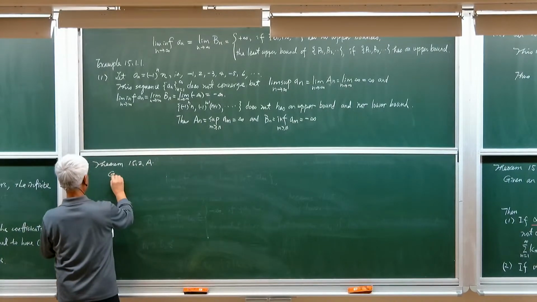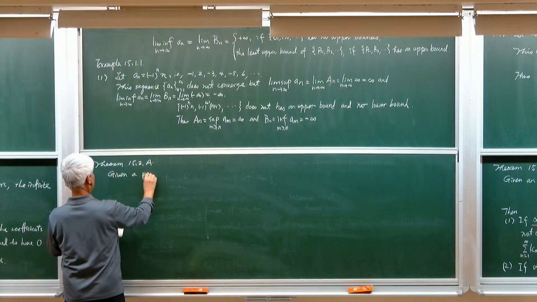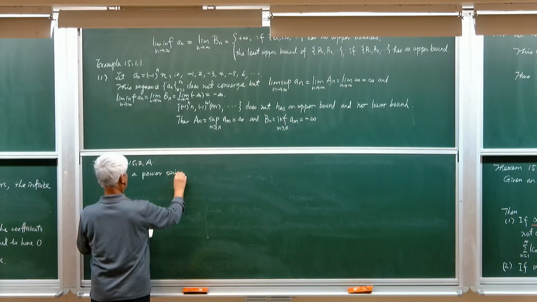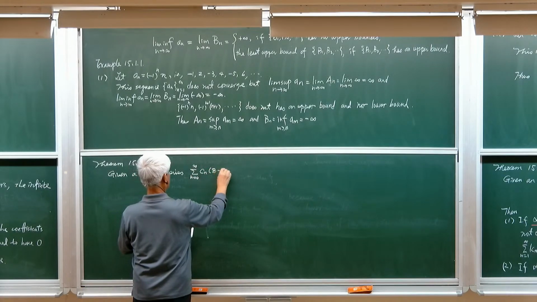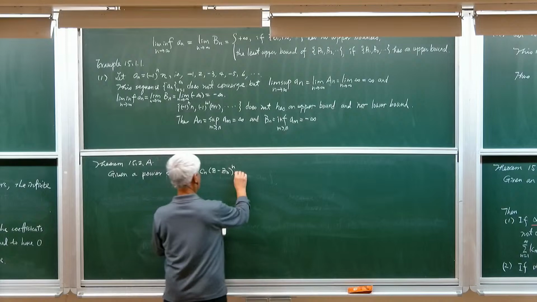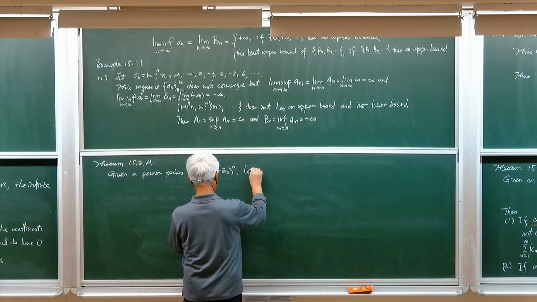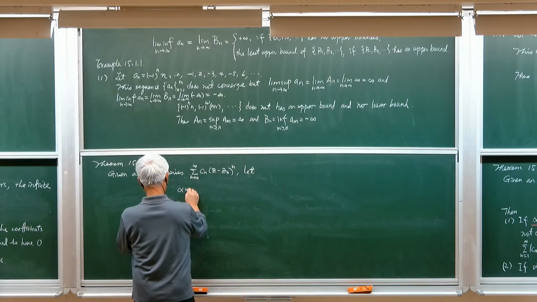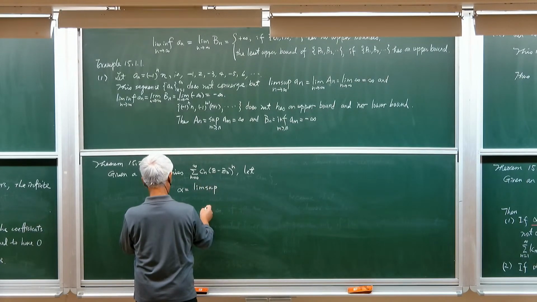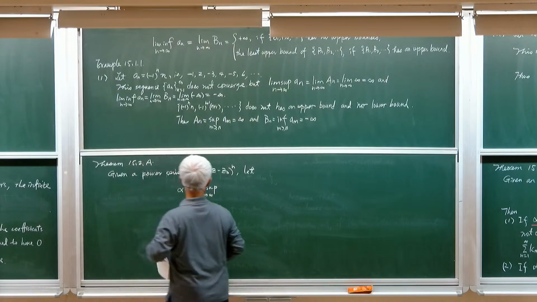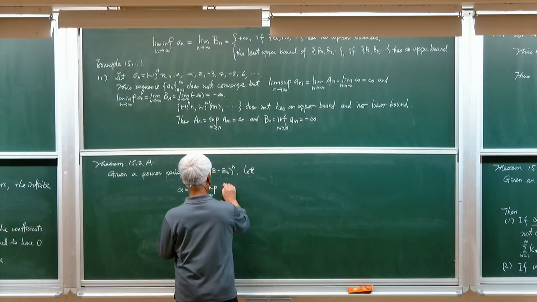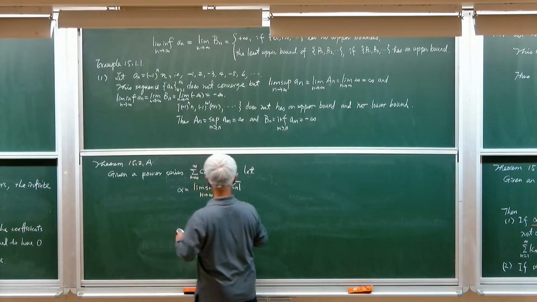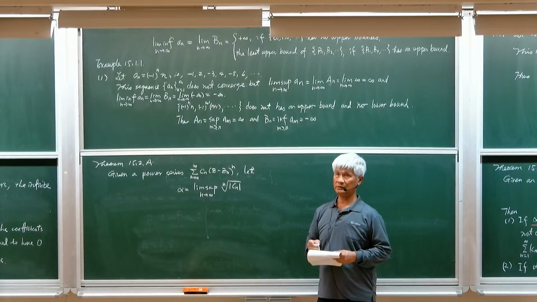Given a power series, summation n from 0 to infinity of c sub n (z minus z0) to the n-th power, we let alpha be the upper limit of the nth root of the absolute value of the nth coefficient.